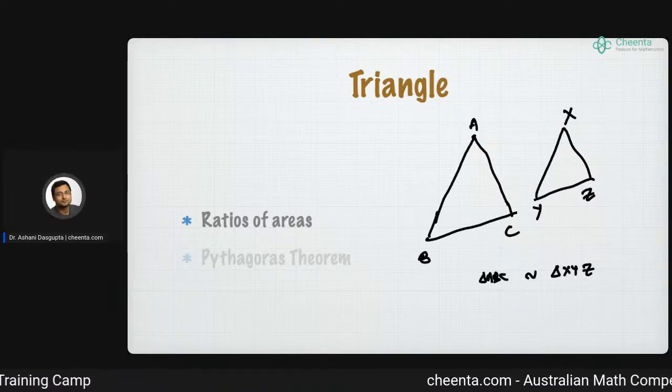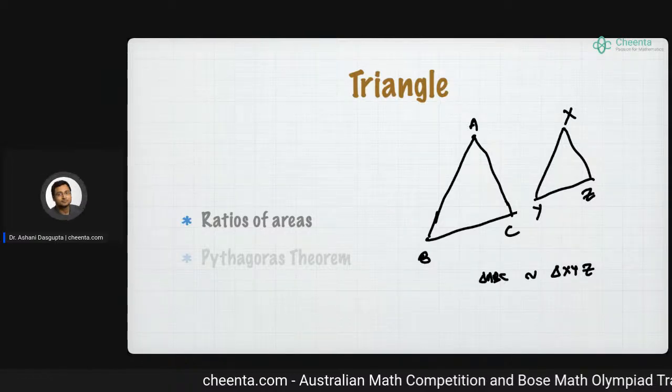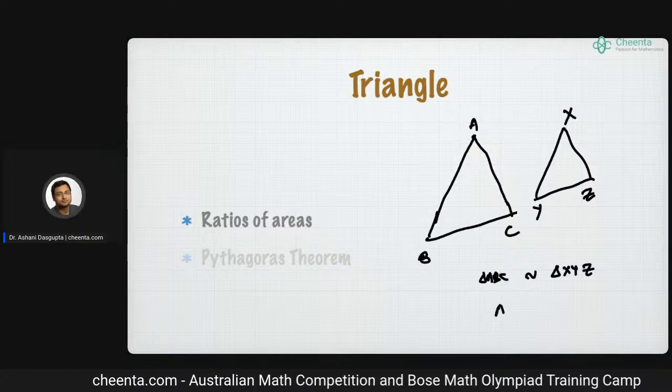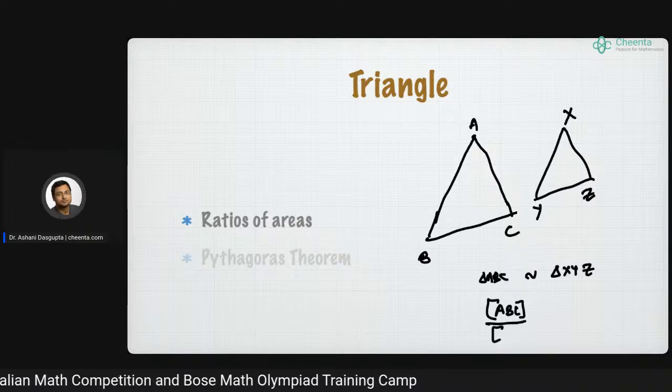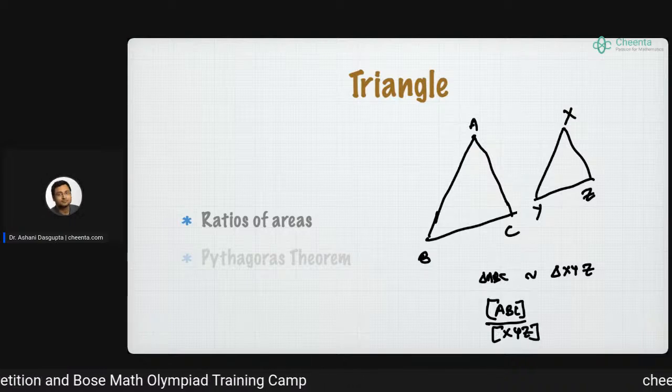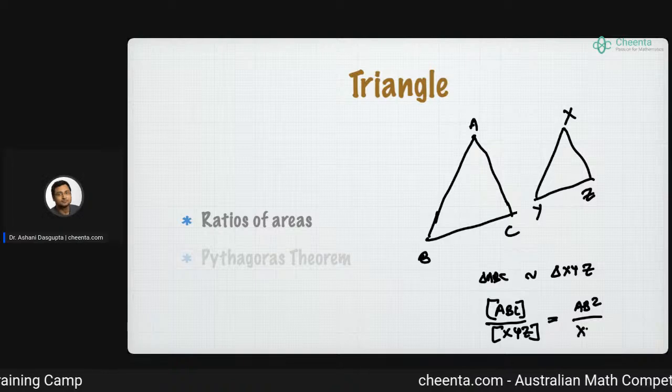Suppose that's what we have. Then what we can say is that ABC's area divided by XYZ's area is equal to the ratio of the squares of the corresponding sides.